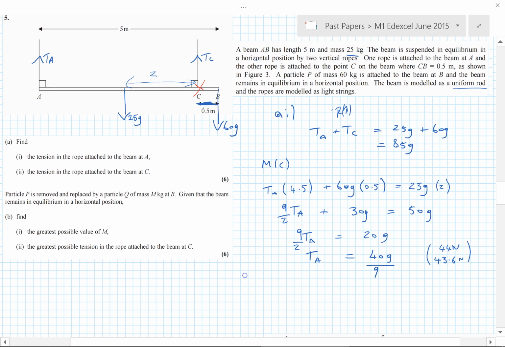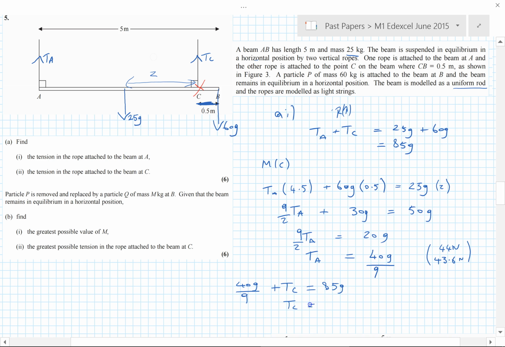Now once we've done that, of course we could take moments about the other one, but it's always easier, I think, to use the resolving equation. So that means that 40g over 9 plus TC is equal to 85g.